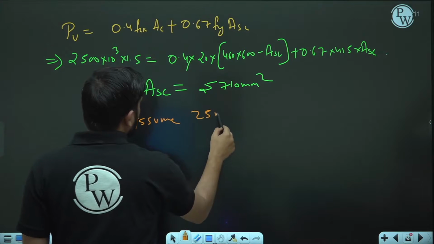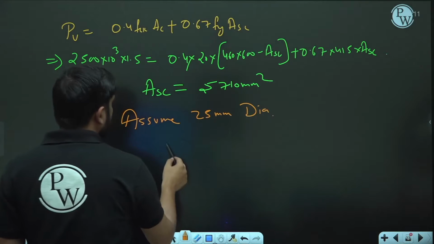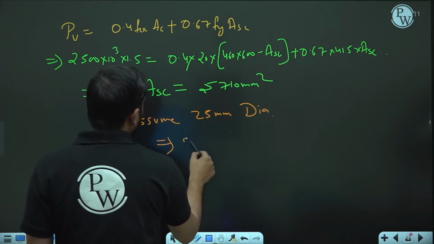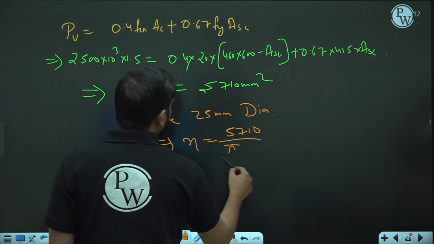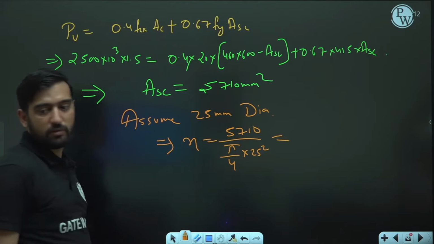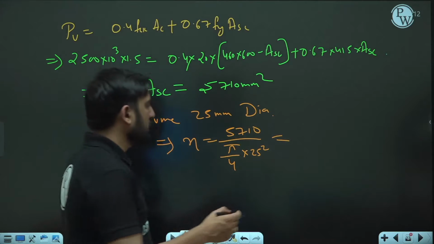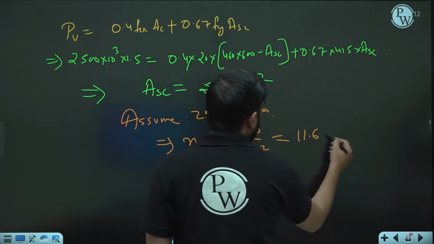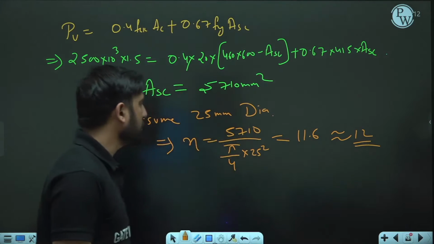So in that case, the number of bars is 5710 upon pi by 4 into 25 squared. This is coming out to be 11.6, so nearly it can be kept 12. So we need 12 bars of 25 mm diameter as main reinforcement.